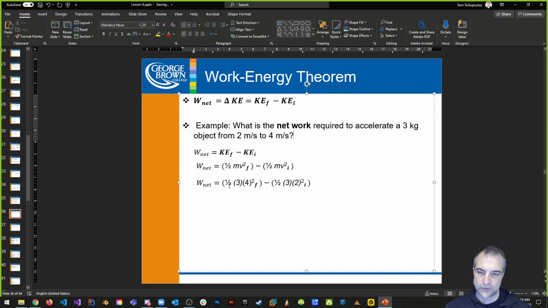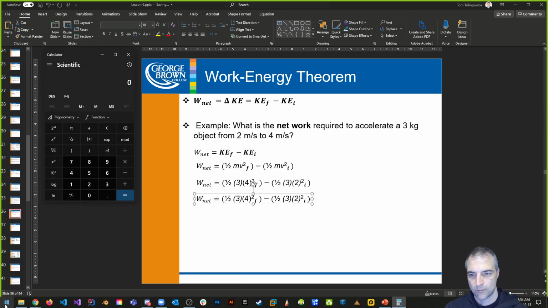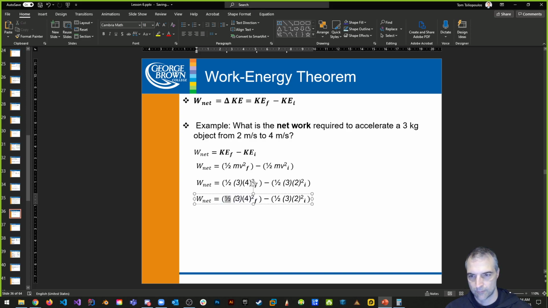Okay, so then let's figure out the next part. Again, I'm just calculating it based on what it is here. So we're going to say 0.5 times, so first of all, do the exponent, right? 4 times 4 is 16, times 3 times 0.5. So the first term is 24, this part.